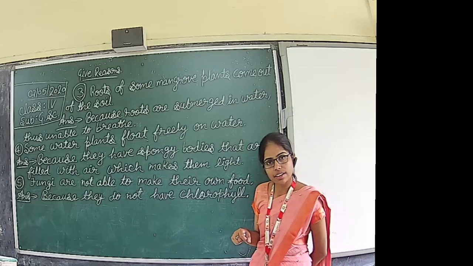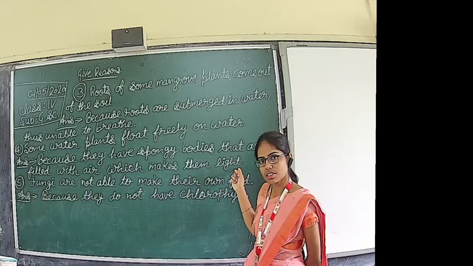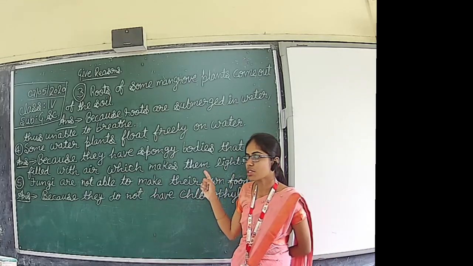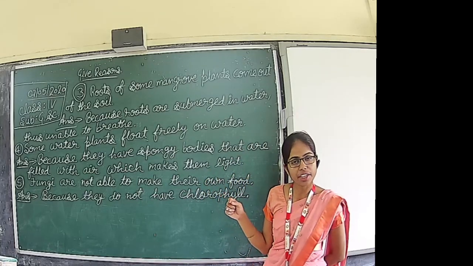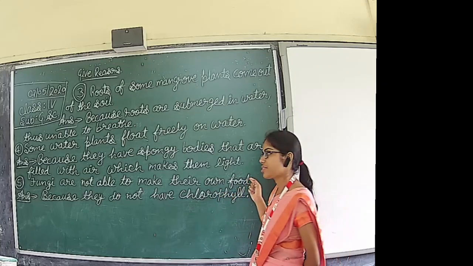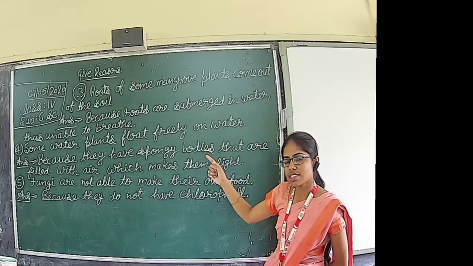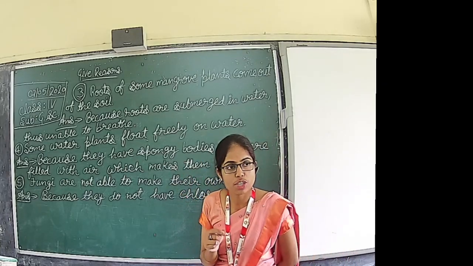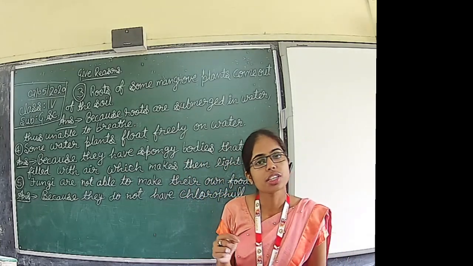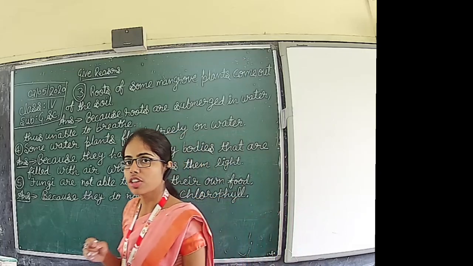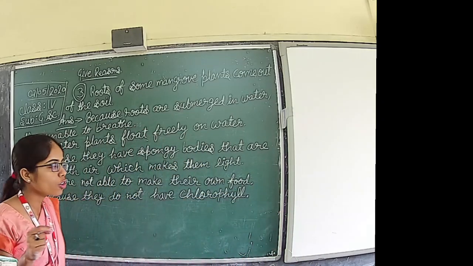Is it clear? Have you written it? Please note it. Take your time, understand and write. Once again I will tell the reason for the same question. Some water plants float freely on the surface of water. Why do they float?